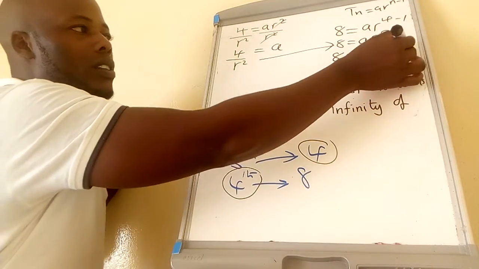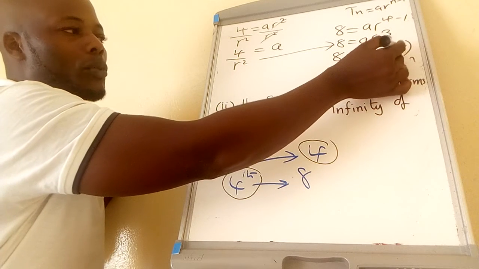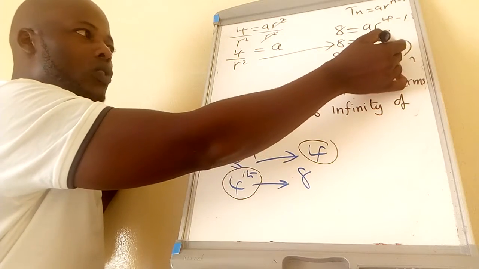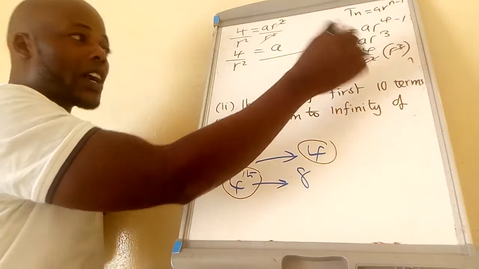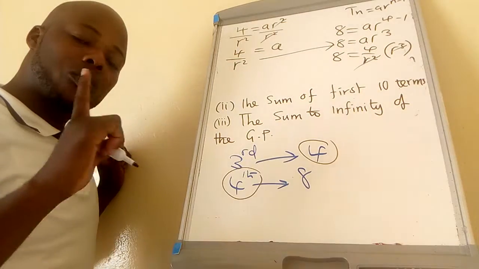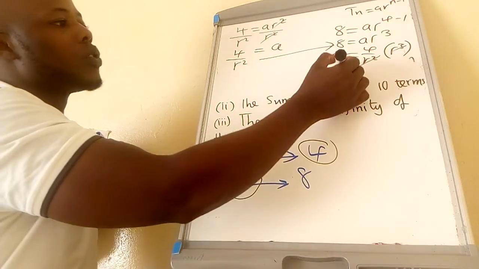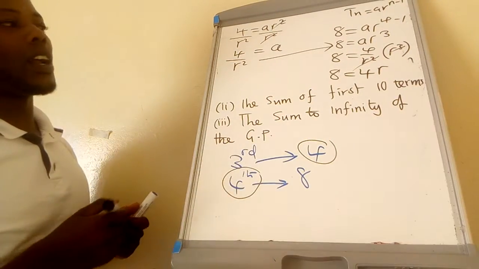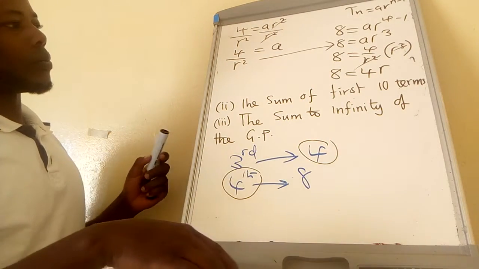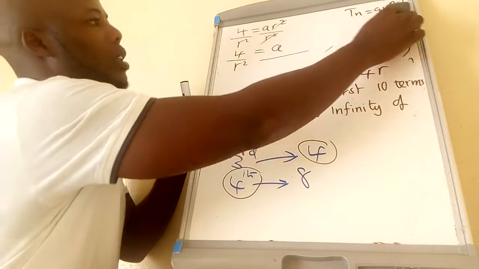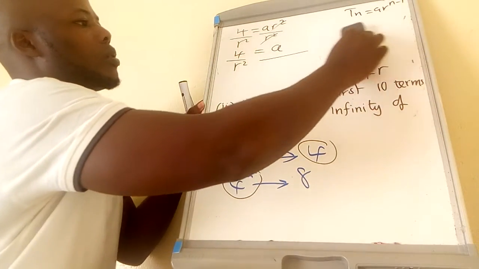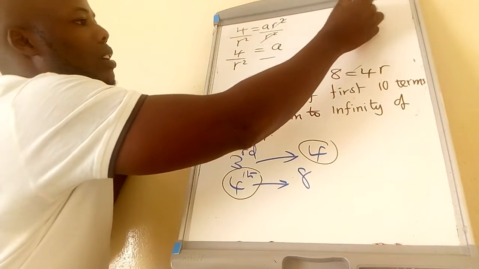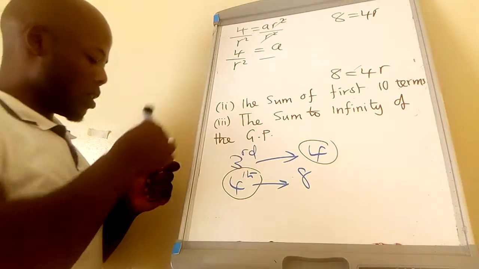We divide this into this, meaning we subtract the powers: 3 minus 2 is 1. So we remain with only one R, R to the power 1. So 8 is equal to 4 multiplied by R.